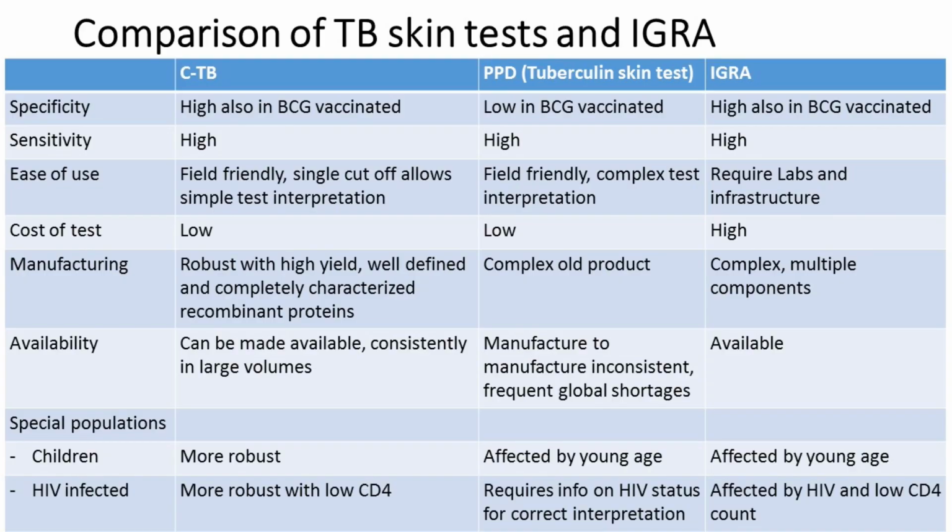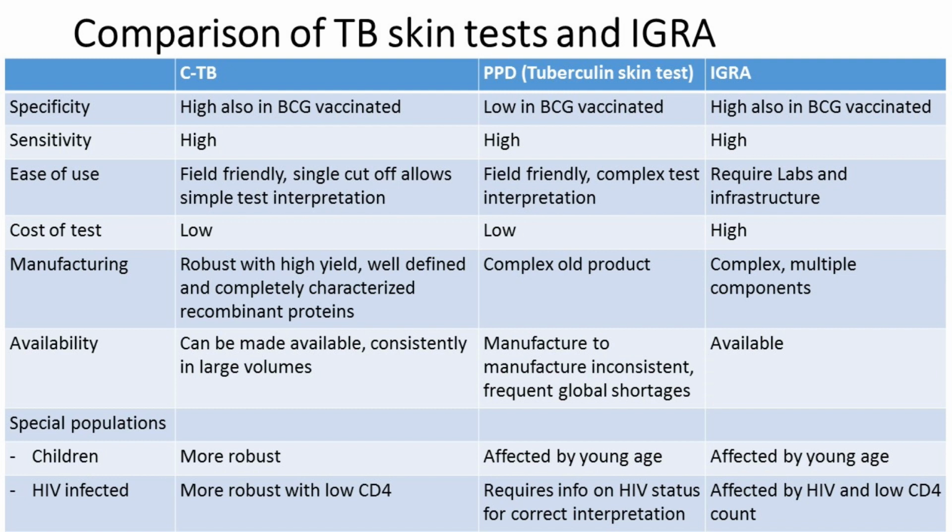Next slide. If we look at a comparison of the skin test PPD, the CTB and the QuantiFERON-TB Gold, specificity is very good with CTB and with QuantiFERON-TB Gold Plus, but poor with the tuberculin skin test. Sensitivity is high for all of these, so you could have a lot of false positive Mantoux, which means the child is actually not having TB.